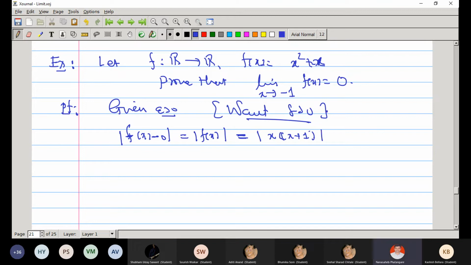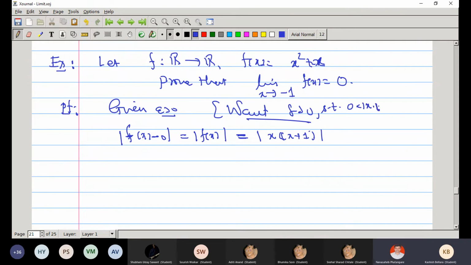By the way, what we expect here, let me write something here. We want delta such that the mod of x plus 1 is less than delta.